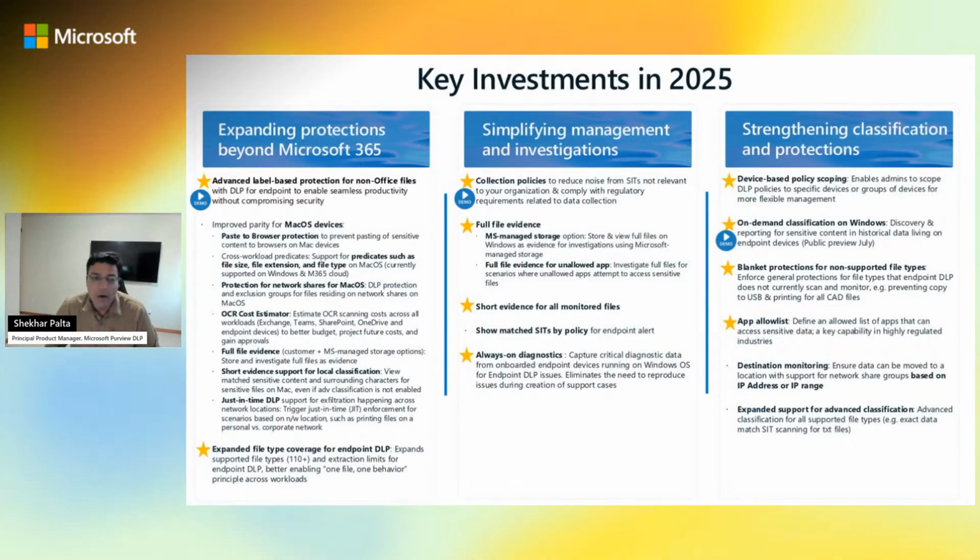What this capability allows you to do is to run an on-demand scan on Windows devices, and allows you to discover what kind of sensitive content really exists within your endpoint devices, and allows you to put in place the right protection controls informed by the scans that you've run and the discovery that you've made of sensitive data.